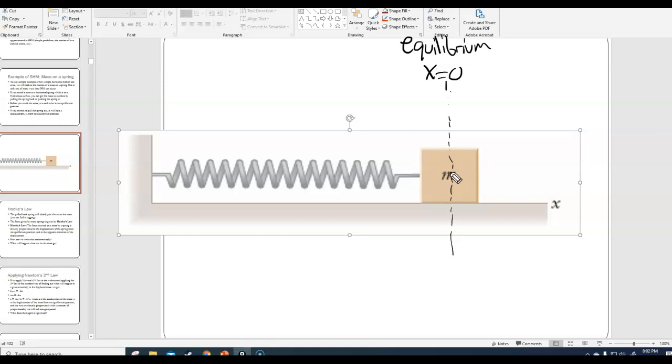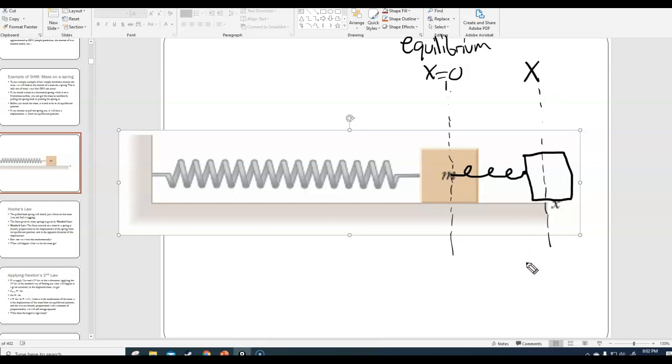And then let's say we take this box and we pull the spring out. We stretch the spring out over here so that the box is now moved to the right. I could have started by pushing the spring in, but it doesn't really matter. Now the spring is at a new position, and that new position is what we're going to call x.